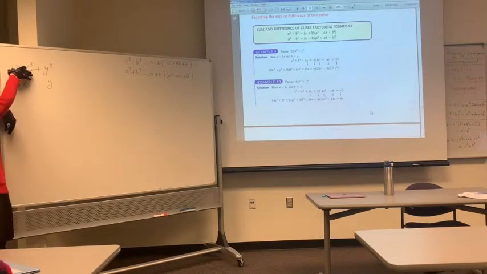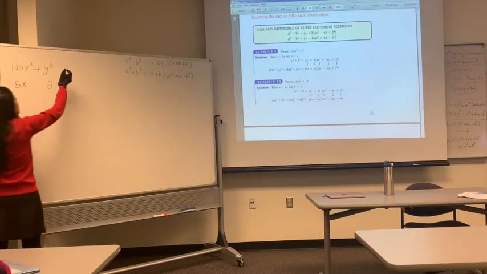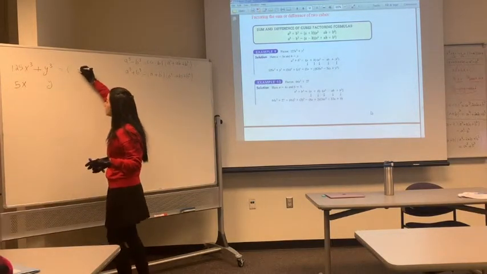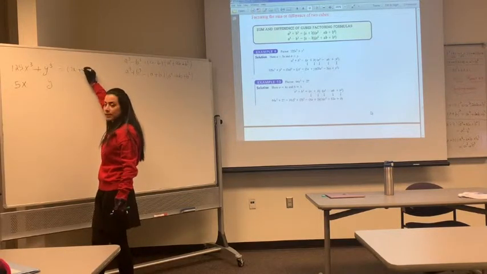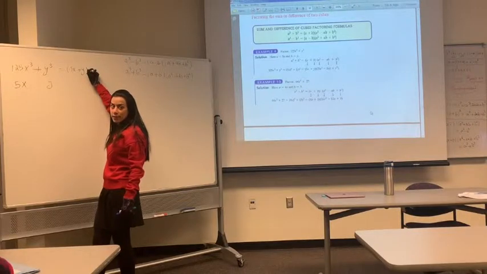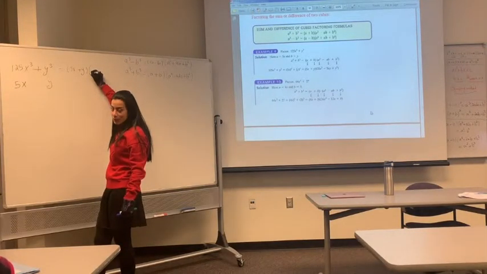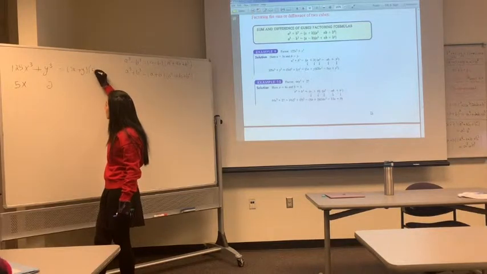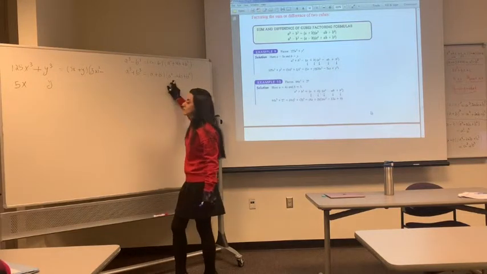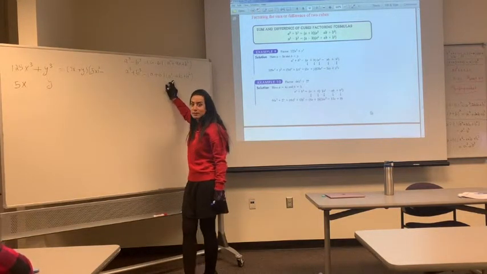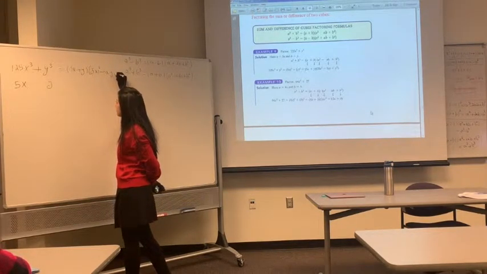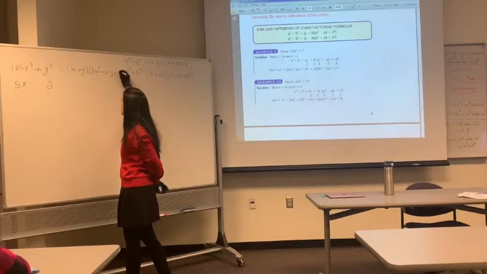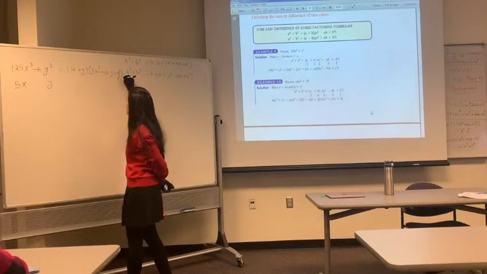So we have one term power 3, another term power 3. We can write down the first term, which is 5x, plus the second term, which is y, multiplied by the first term power 2, minus, because I'm using this one, the first term multiplied by y, plus the second term power 2.